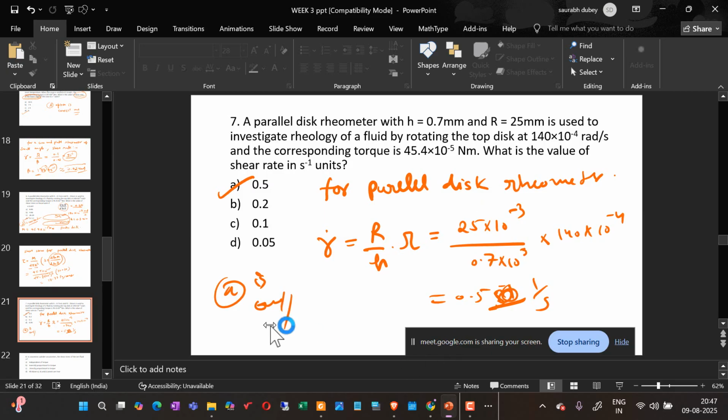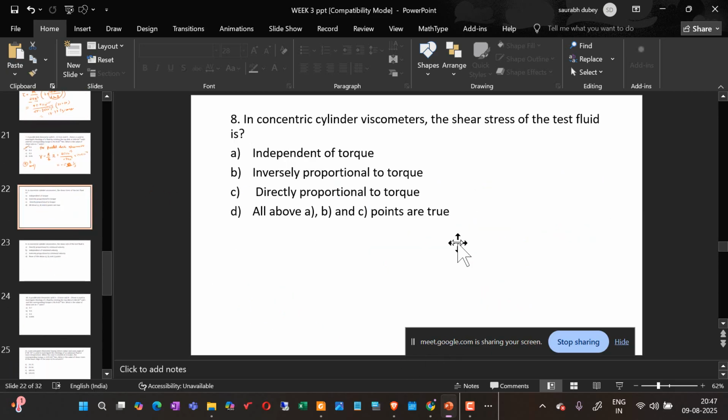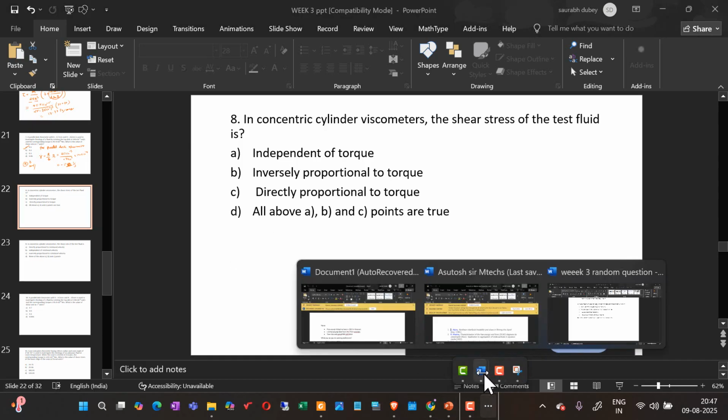Now the next question is the 8th question, which is about the concentric cylinder viscometer: the shear stress of the test fluid is independent of the torque, inversely proportional to the torque, directly proportional to the torque, or all of the above are correct. Which is correct? You just see it.